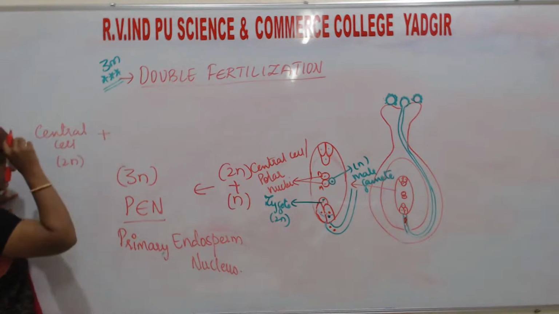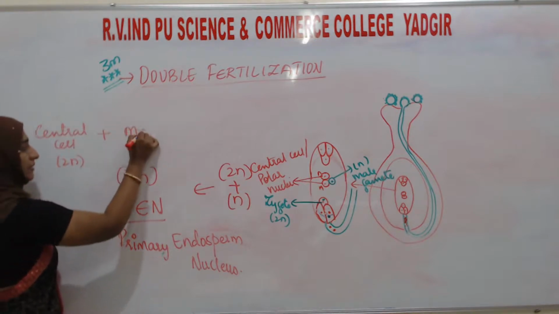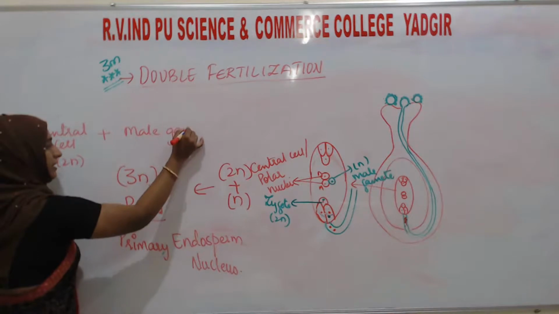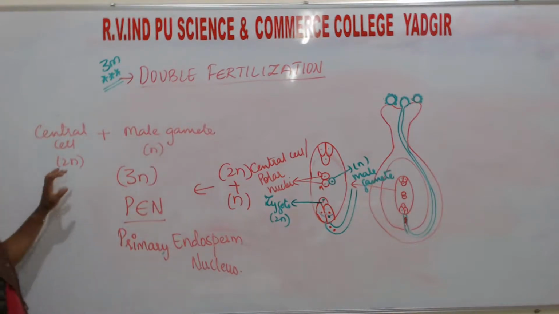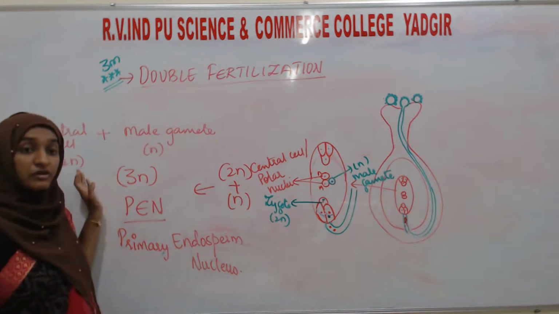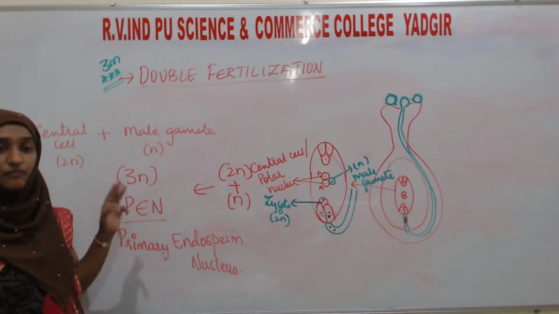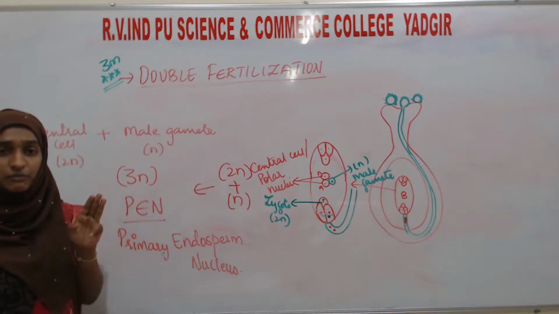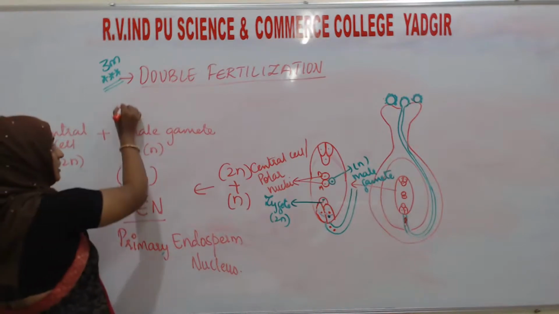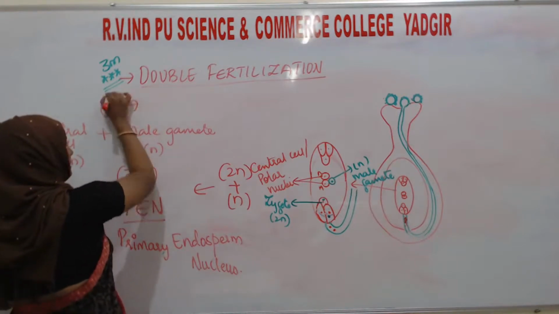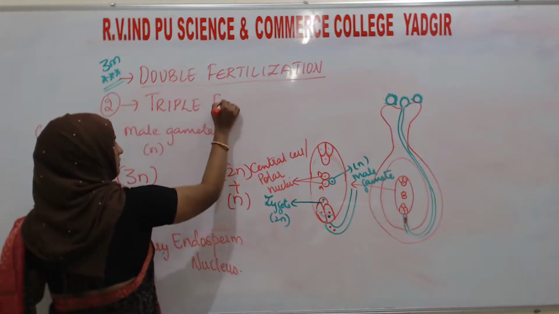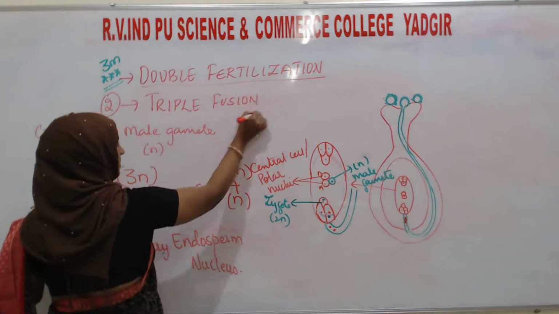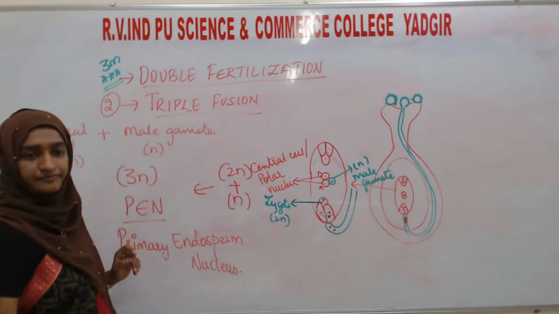Central cell plus the 1 male gamete, and this male gamete is haploid. Here the fusion of 3 cells takes place. That's why we call this second process the triple fusion.